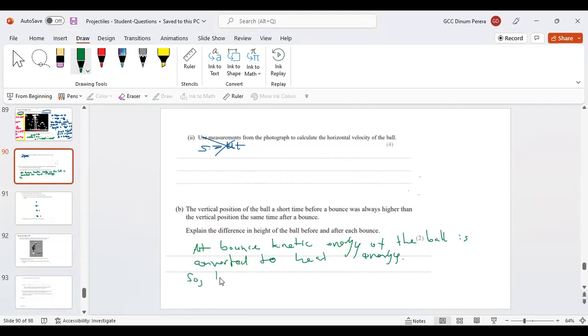So kinetic energy after collision is less than before collision or bounce. Right?